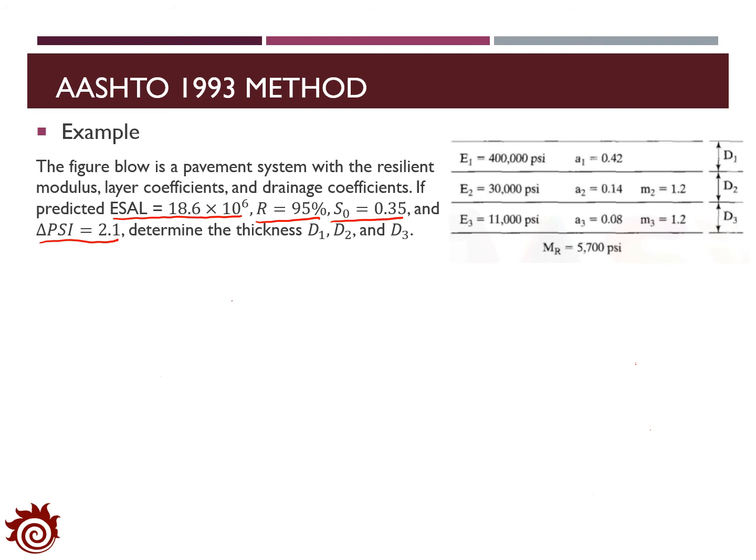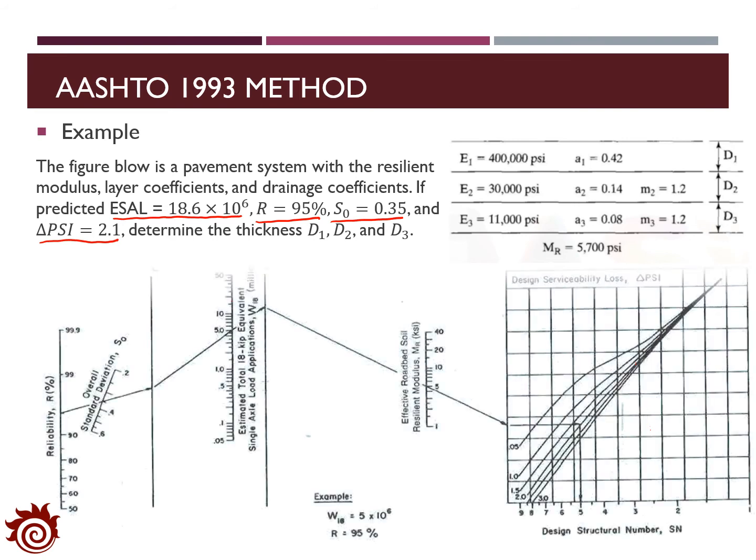Let's first see how we can find out the structural number for the first layer, the surface layer. We will use the monograph for the estimation of the structural number.